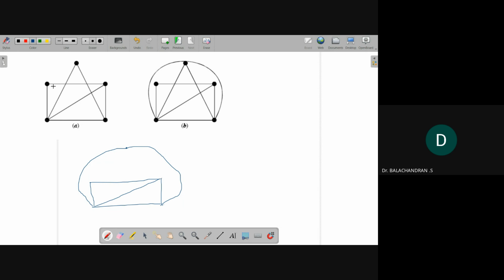You can count the number of edges: 1, 2, 3, 4, 5, 6, 7. Here you can check it: 1, 2, 3, 4, 5, 6, 7 edges. I think everything is correct. So you can redraw this graph like this, and hence this is planar. I think they made some mistakes here, so I think this is wrong.